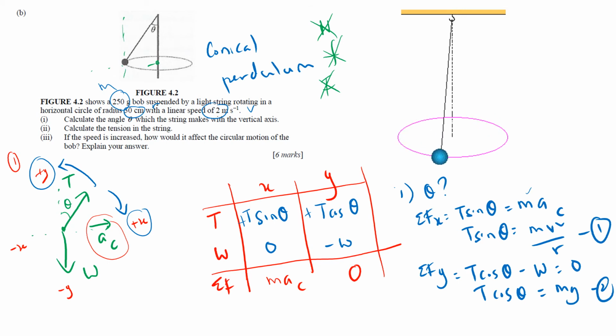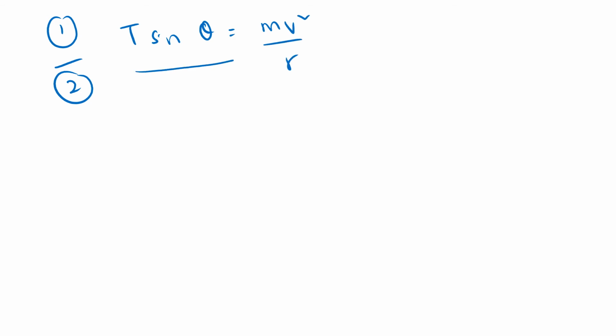So we divide 1 by 2: T sin theta equals m v squared over R, divided by T cos theta equals weight mg. Okay, from here, what can we cancel? T and M. So we get this.